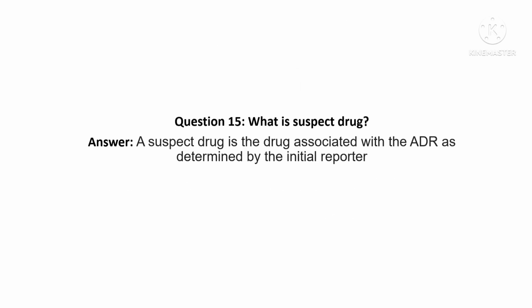The answer is, a suspect drug is the drug associated with the ADR as determined by the initial reporter. It means the initial reporter has reported that my patient or any patient has experienced an adverse drug reaction after taking the suspect drug, after taking XYZ drug. So that drug is called suspect drug.